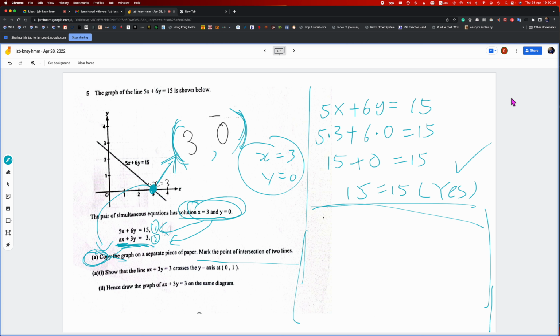Can you write down the equation 2 first? Can you test? Put it in. X is equal to 3, y is equal to 0.